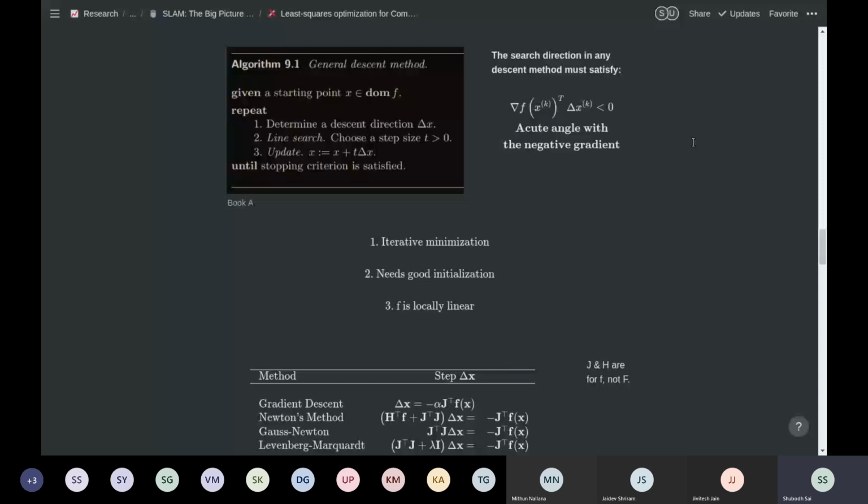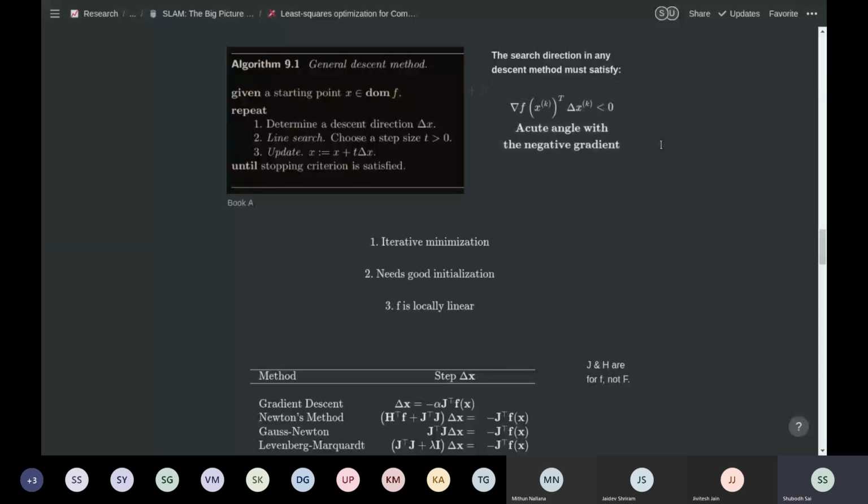But that's not the only case. The search direction in any descent method must satisfy this particular condition: the gradient of f at a particular iterative step multiplied by your delta x, the step that you're taking, should be less than 0.